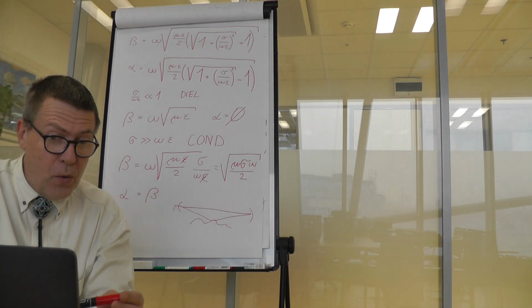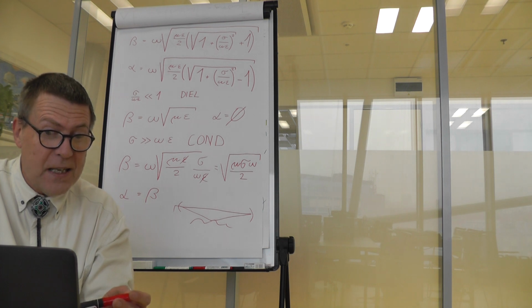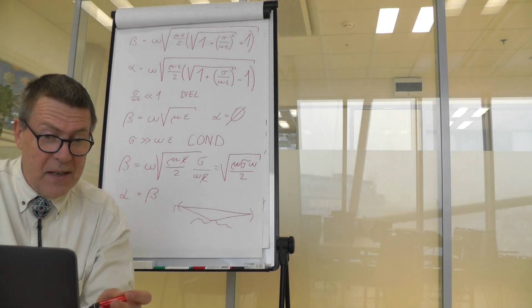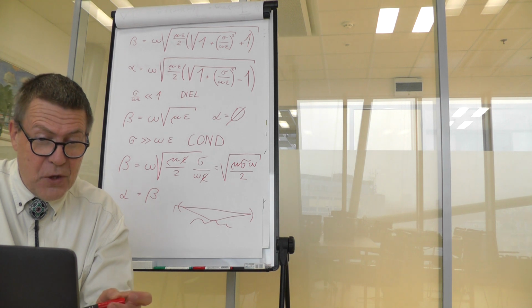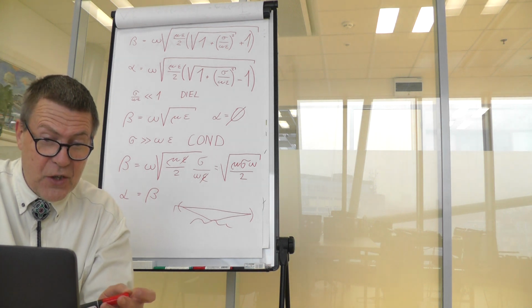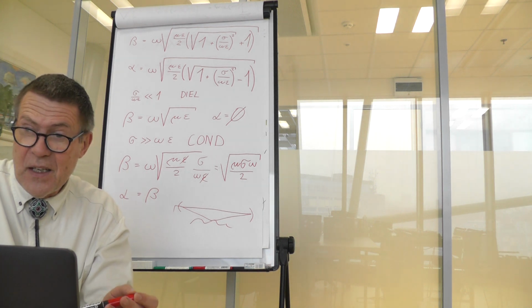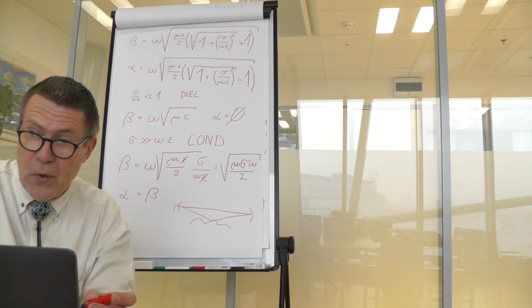We will also realize that for some kind of lossy materials or conductors, there is something which is called a depth of penetration, that the wave never gets fully into the volume.